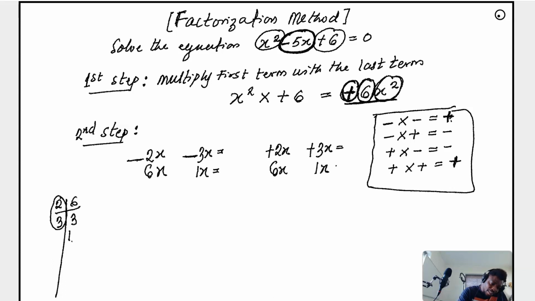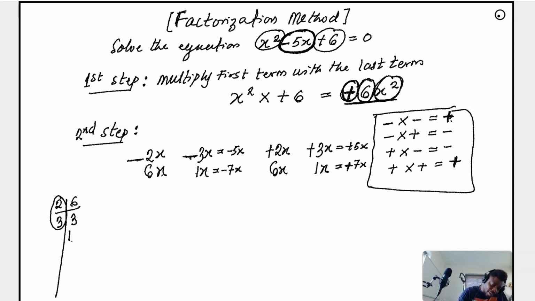Minus 2x minus 3x, that is minus 5x, right? Minus 6x minus 1x, that is minus 7x, right? Plus 2x plus 3x, that is plus 5x. Plus 6x plus 1x, that is plus 7x.